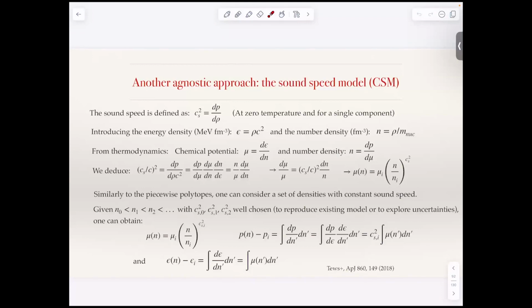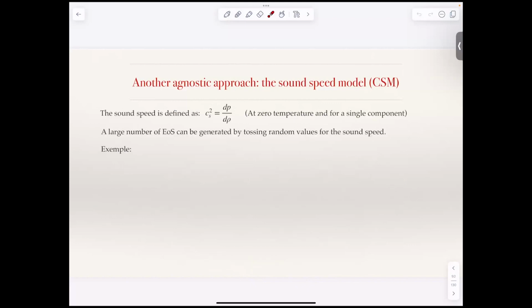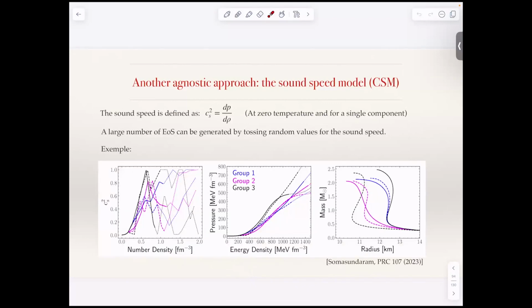And there are also others. I will not make a list of all the agnostic approaches, but just give you an example, just an illustration. Here we plot, for instance, sound speed as a function of the density. If you follow just one color, let's follow the blue one, you see that the sound speed is tossed randomly.